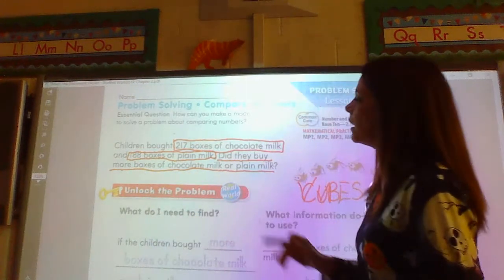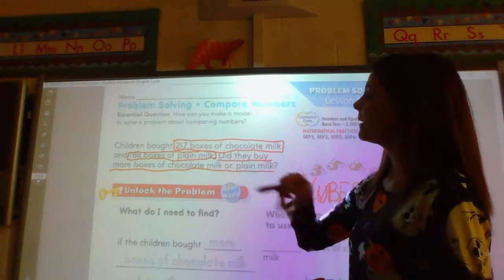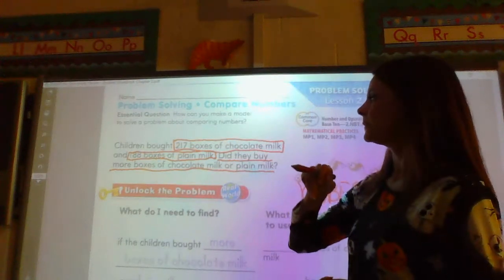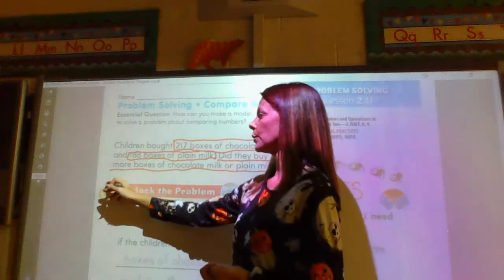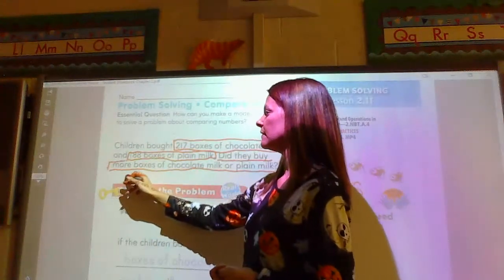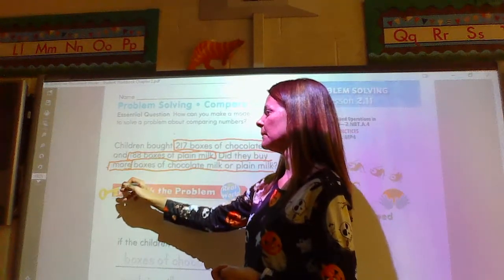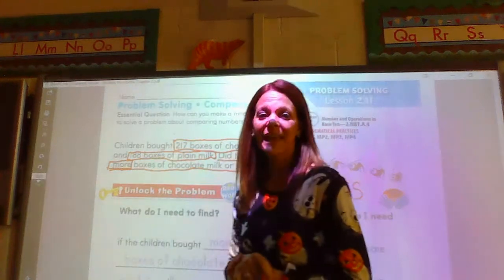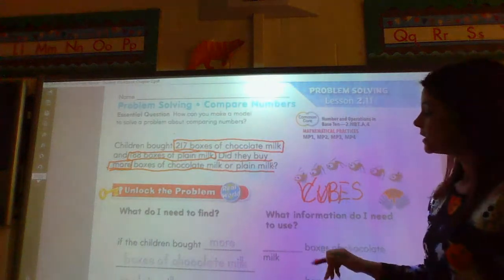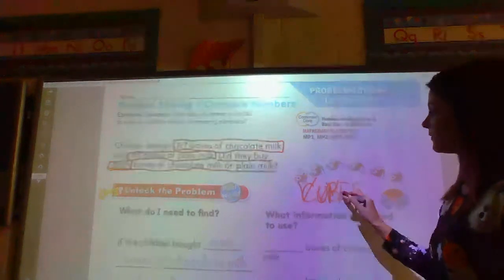Now, did they buy more boxes of chocolate or plain milk? I see the word more, and this is a key word helping me know that I am comparing. So we boxed our key information.